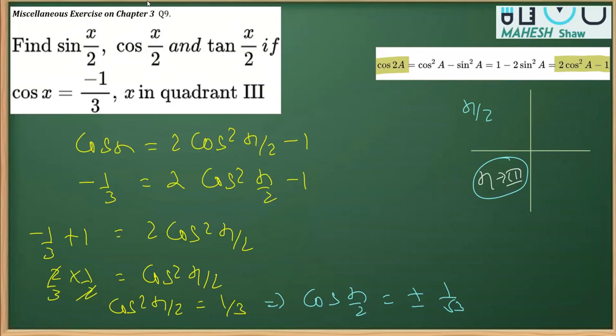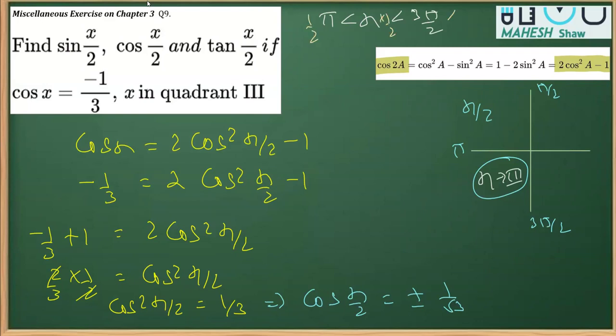As per the question, the third quadrant is where the angle is more than pi, that is 180 degrees, and less than 3 pi by 2, that is 270 degrees. But we need x by 2, so we'll multiply by half on every side.